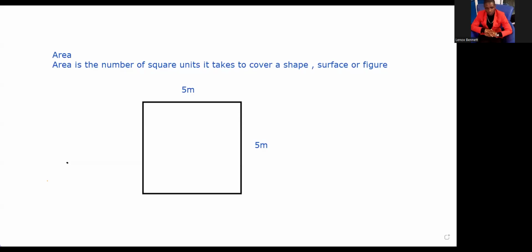Alright, so 5 meters by 5 meters. So that means 5 across, 5 down. Let's see if we can get it as neat as possible. We get 5. Alright, so that's a 1.